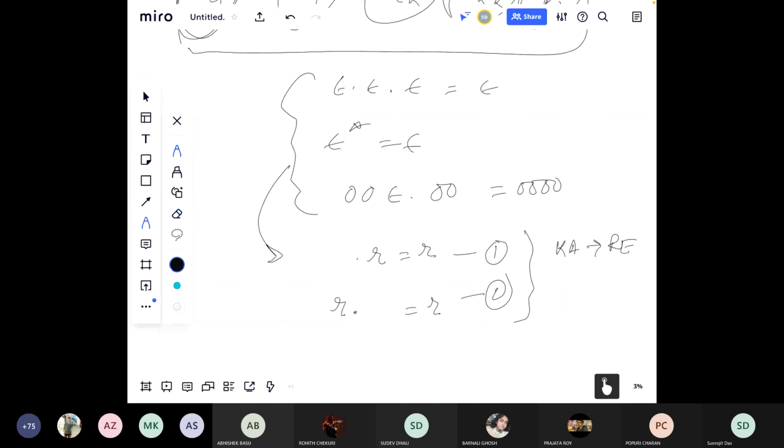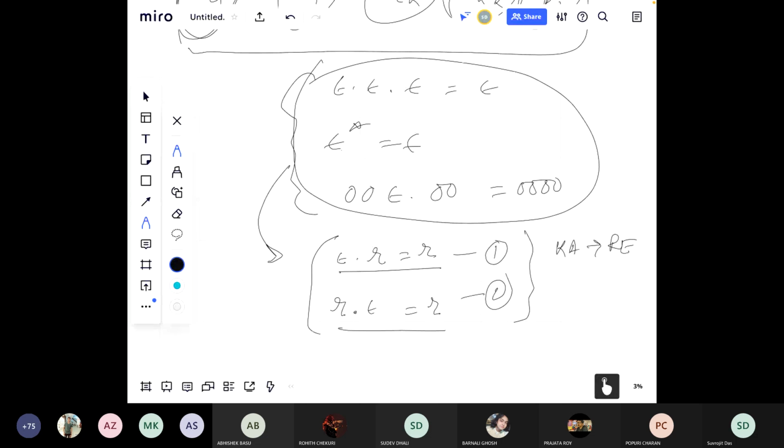And it holds true. So I talk about something like this: epsilon followed by r is r followed by epsilon is r. Now this is very obvious, a very trivial thing, but when you are asking, that means you are not in a position to visualize this, right? So you go by rules. That is what I'm talking about.